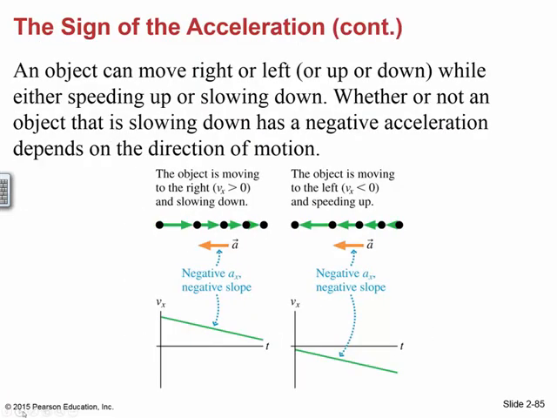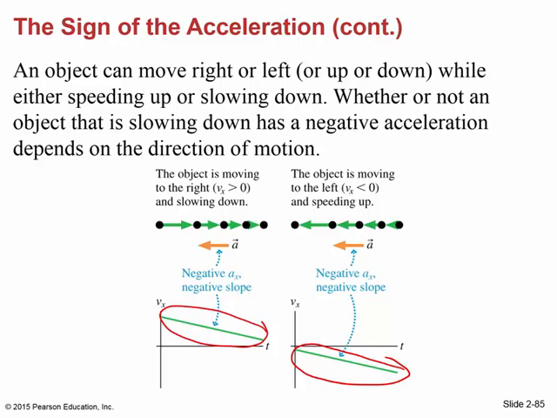Now, sign of the acceleration. When we look at velocity versus time graphs and we see the line go downward this way or even underneath, notice that it tells you the slope is negative. Now, what does that typically mean?